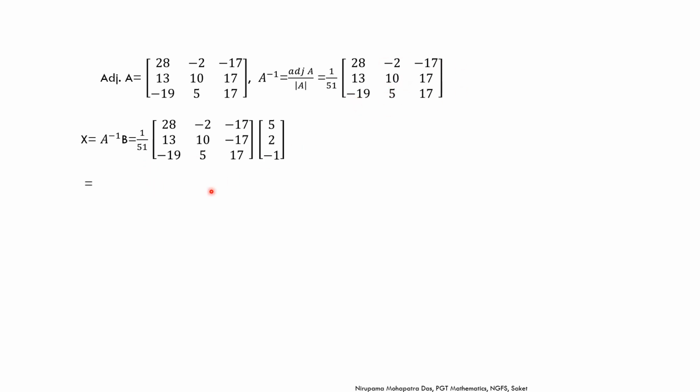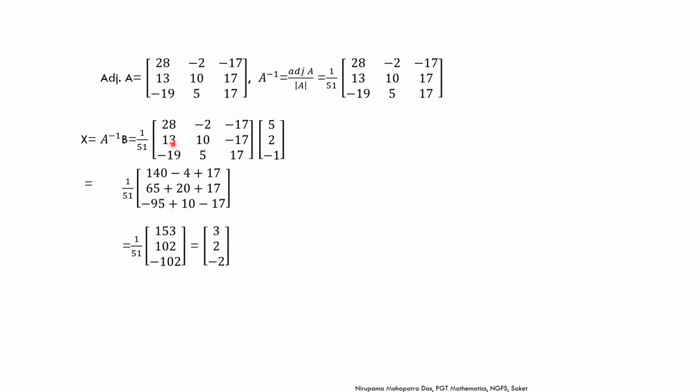It is because if I write here 28 by 51, minus 2 by 51 like this, it's correct. But I have not multiplied knowingly, because while multiplying these two matrices you have to take LCM. Calculation may be a bit complicated. So what I have decided here, multiply these two matrices, and in the end I can multiply with 1 by 51. Okay, so that's what I have done here.